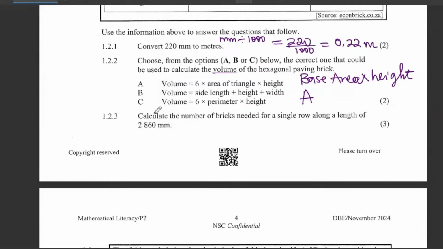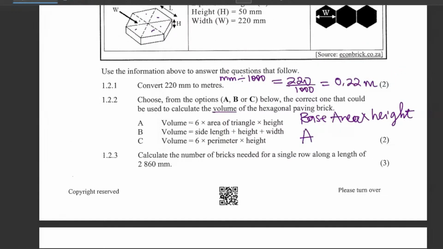We come to question number 1.2.3. Calculate the number of bricks needed for a single row along the length of 2,860 millimeters. Since they're going to be put on the length, what covers the length is the width of the paver.